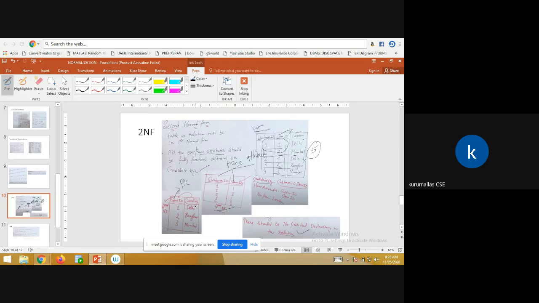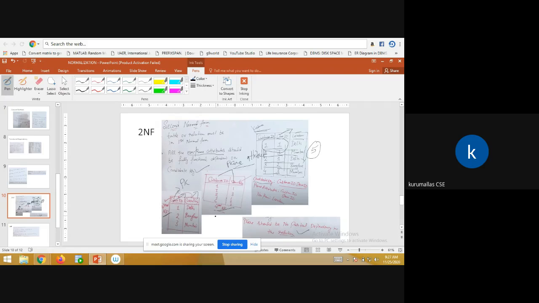Or if one attribute is non-prime and the second is prime, and the non-prime attribute depends on the prime attribute, this is also second normal form.